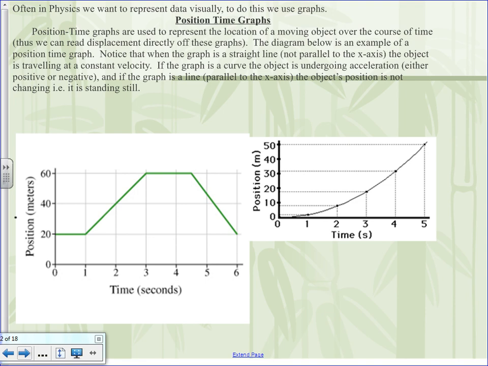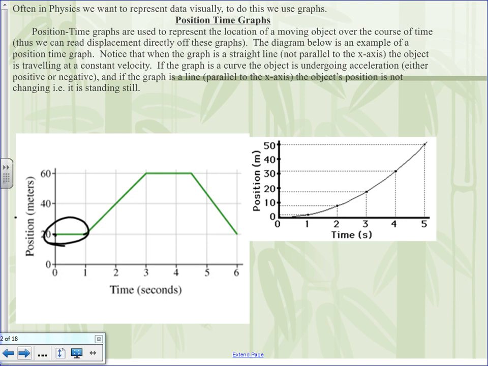So looking at this graph, what's the object doing in this part of the graph? Peter? Right. It's not moving because its position at time 0 was 20 meters and its position at 1 second was 20 meters, didn't go anywhere.